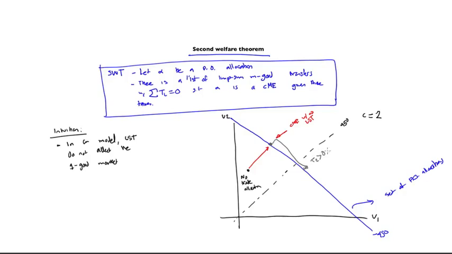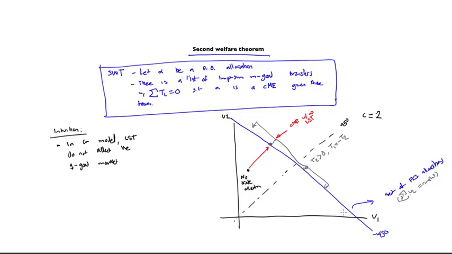Let's say in this particular case you tax individual 2 a lump sum tax, and then you give person 1 the opposite, and they move to a point like this. You can implement another one like this. You can redistribute in the other direction like this. So as you change the tax for person 2, positive or negative, and a continuous amount, you expand the entire frontier. The total utility in society has not changed. So the total sum of the Ui's is constant, but you're changing the distribution.